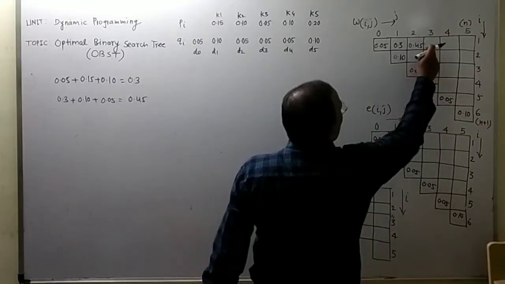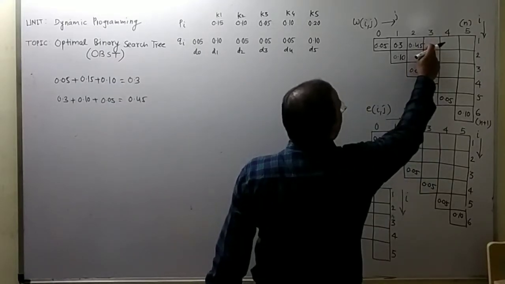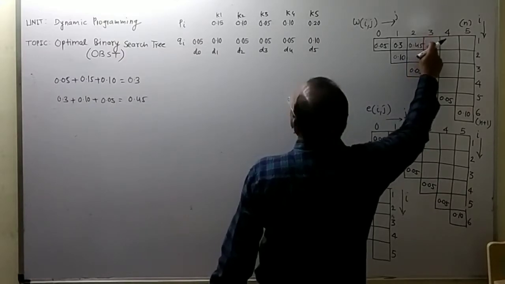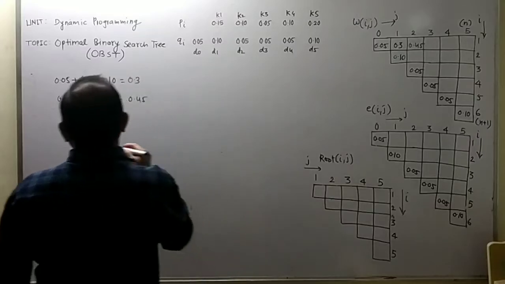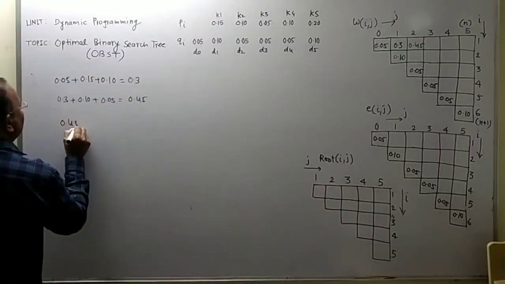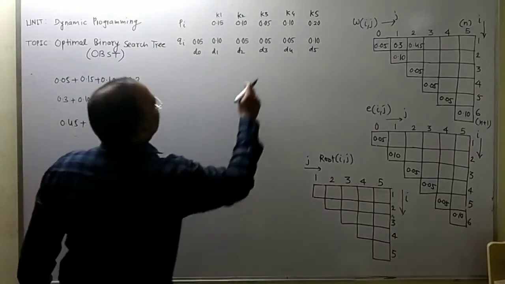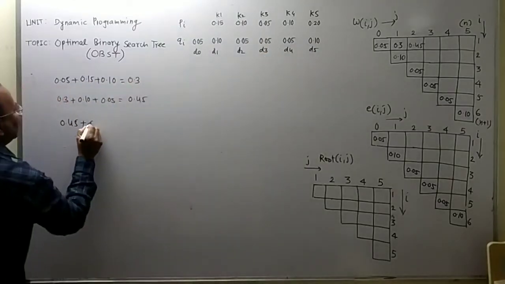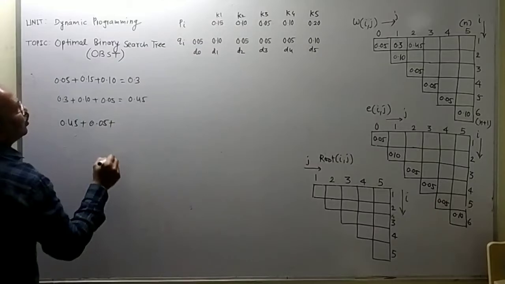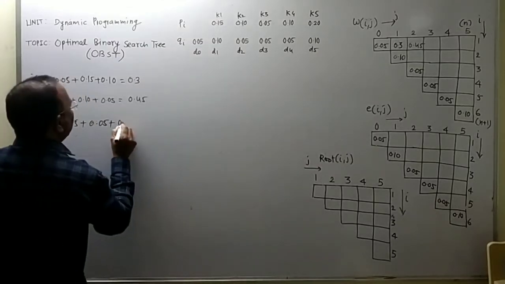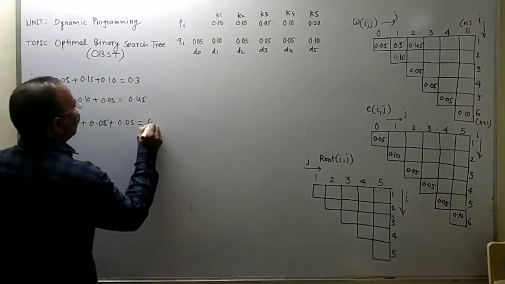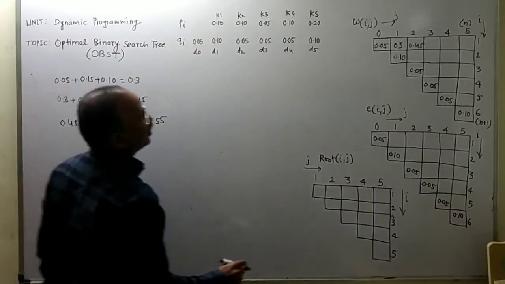The value for this cell is nothing but the sum of 0.45 and the probability of K3 and D3. 0.45 plus the probability of K3 and D3, 0.05 plus 0.05, is equal to 0.55.